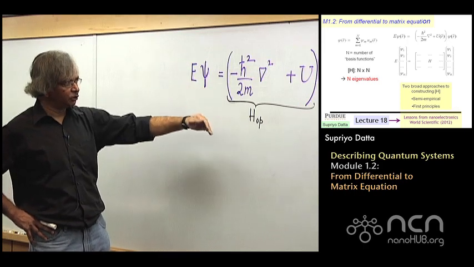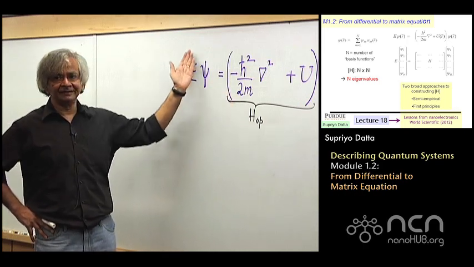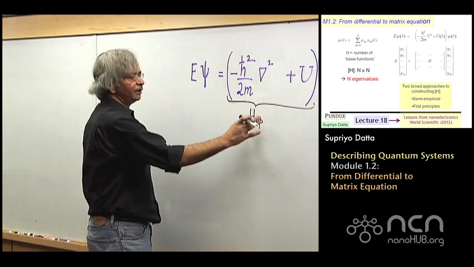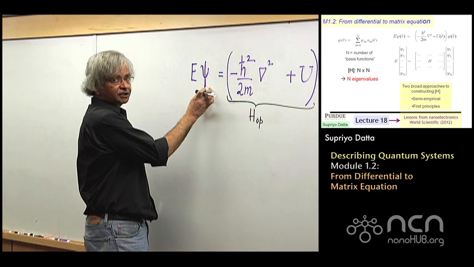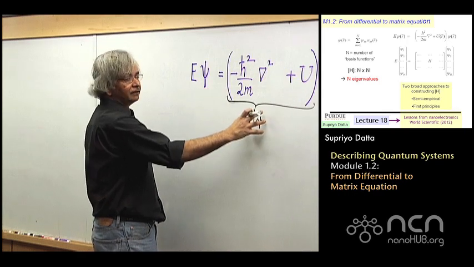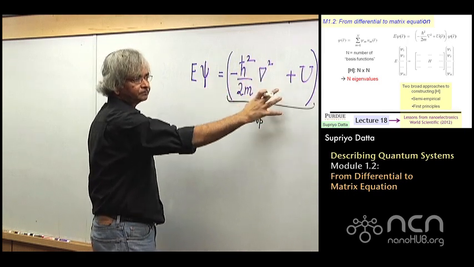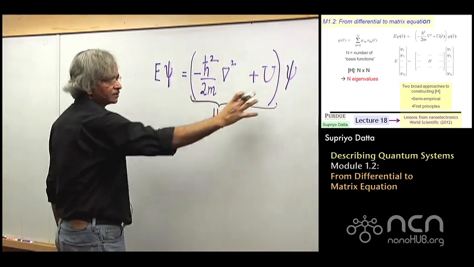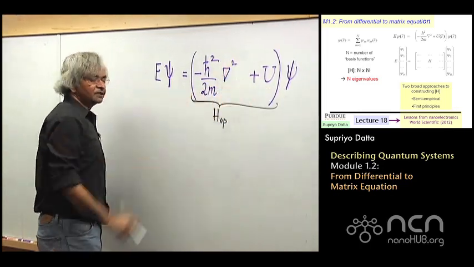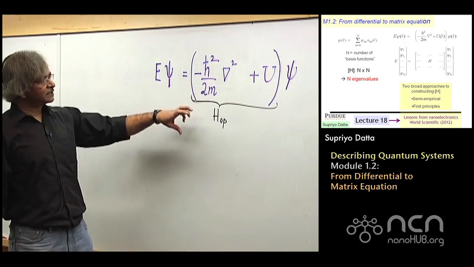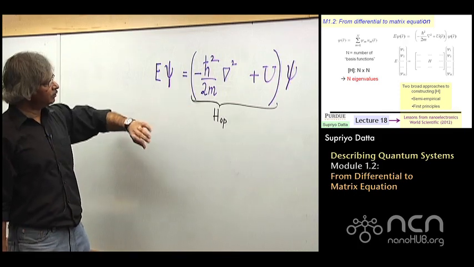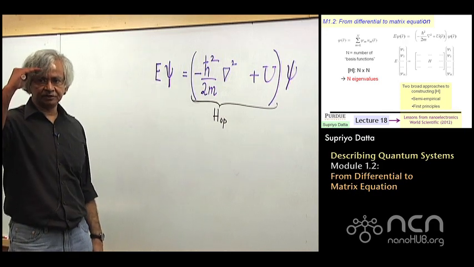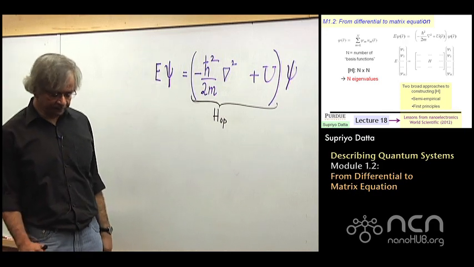That is, what he showed was, if you solve this equation, which has this form of an E times a function is equal to a differential operator acting on the same function, it has solutions only for certain specific values of energy, certain discrete values of energy.